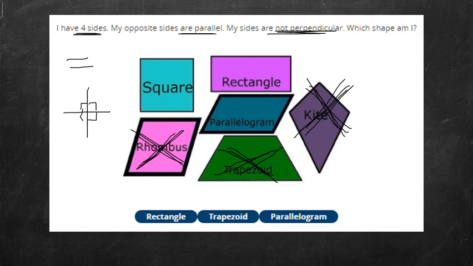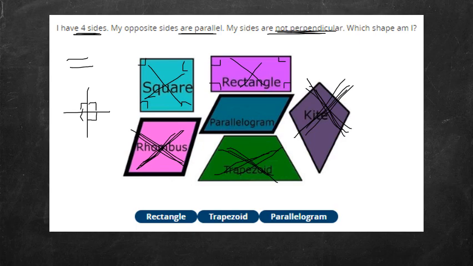I know that a square has 4 right angles, and a rectangle also has 4 right angles. So that means that the sides are perpendicular because they have right angles. So we can't use a square and we can't use a rectangle.